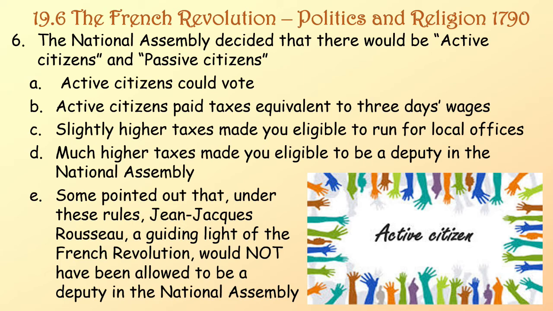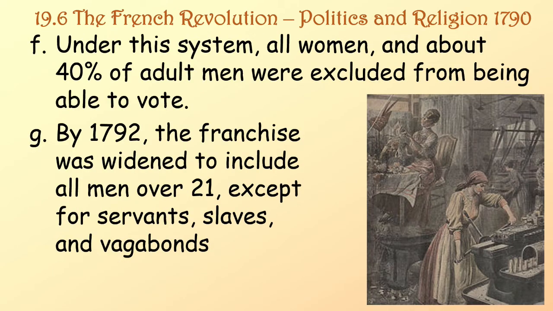Some people pointed out that under these current rules, Jean-Jacques Rousseau, a guiding light of the French Revolution, would not have been allowed to be a deputy in the National Assembly. He wouldn't have paid enough taxes. Under this system, all women and about 40% of adult men were excluded from being able to vote.